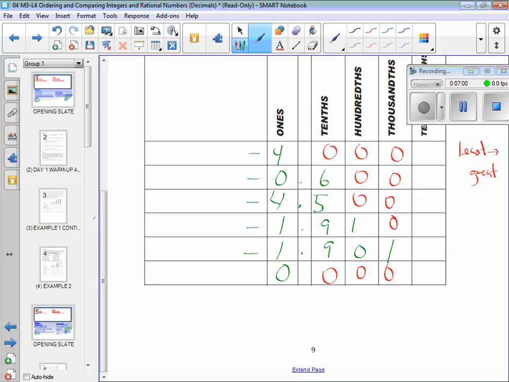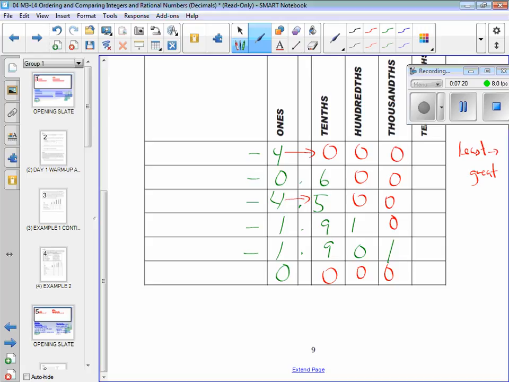I have two -4s, however, don't I? So now I need to take a look at the next column to the right, which is my tenths. And when you do that, here's where the hang-up is. This is not a 5. This is a -5, while this is a 0 because a 0 is neither positive or negative.